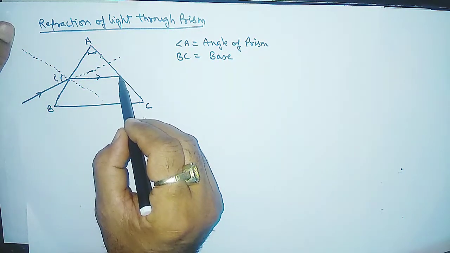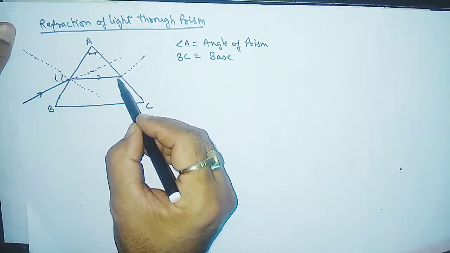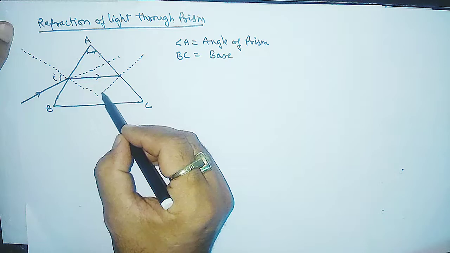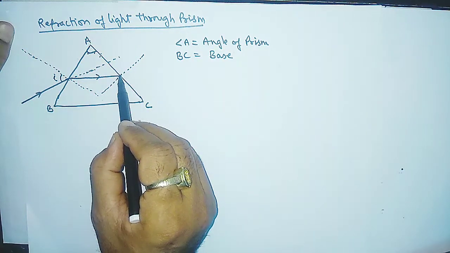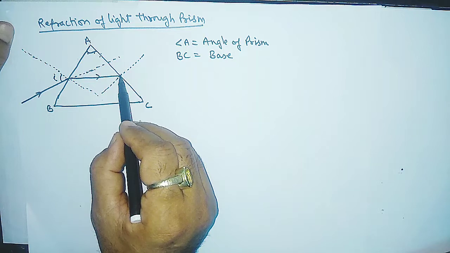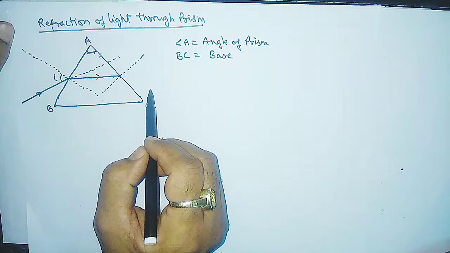Now the ray is incident at this point. If you draw another normal on the surface AC, this is the point of incidence on the other surface from the inside. So the ray now has to come from denser to rarer medium.